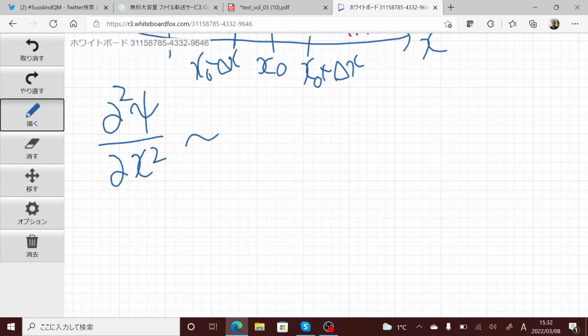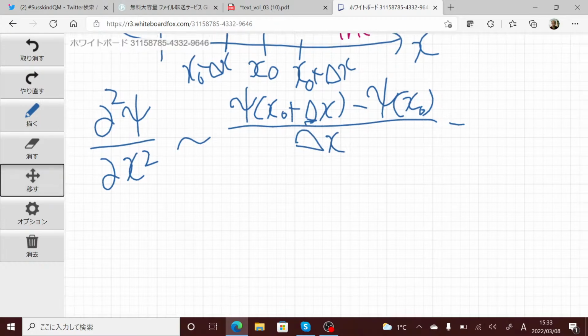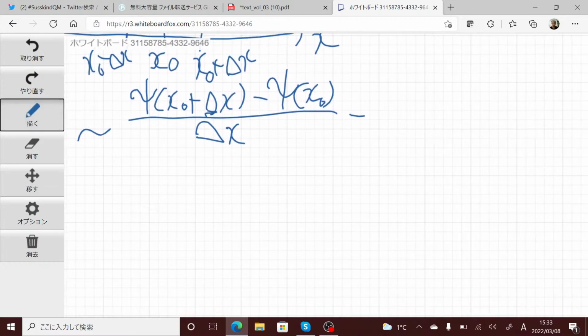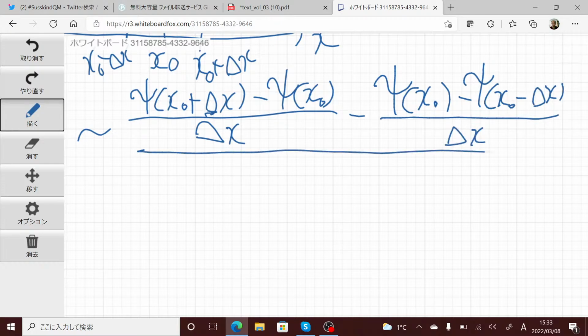You have the difference of psi of x0 plus delta x minus psi of x0, divided by delta x, minus psi of x0 minus psi of x0 minus delta x, divided by delta x, divided by delta x.